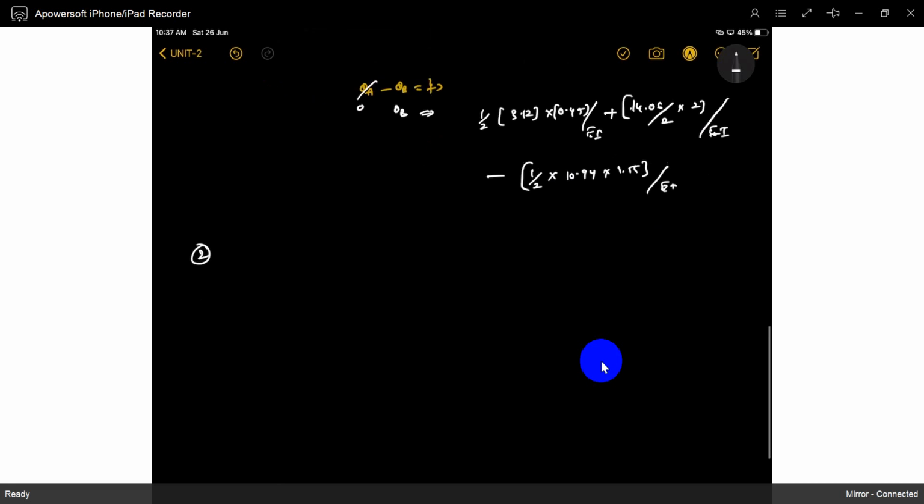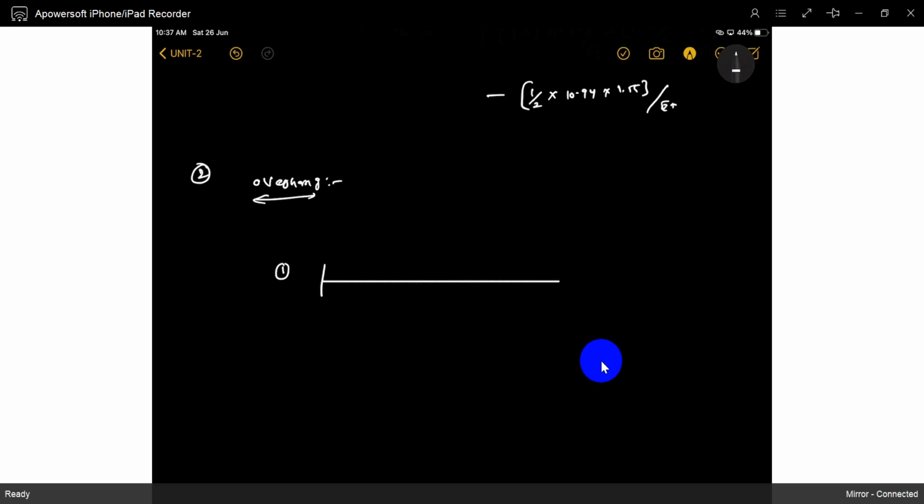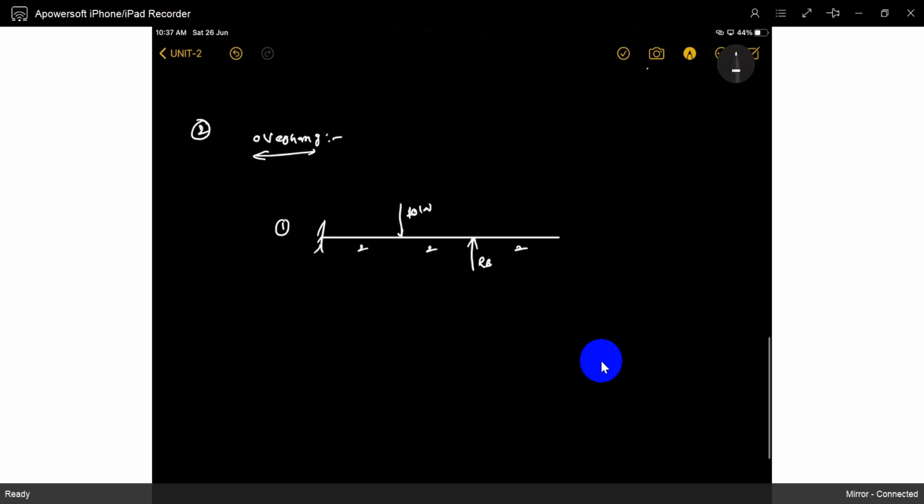Now I will go with overhanging. First I will choose this: this is 10, this is RB, this is 2 meters, this is 2 meters. If I give overhanging like this, there is no difference.